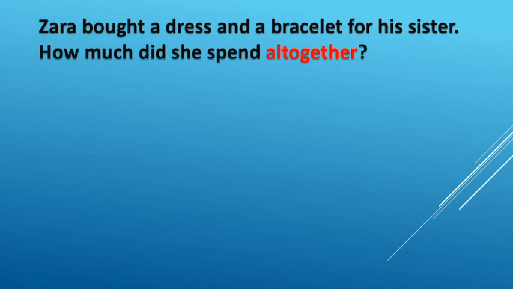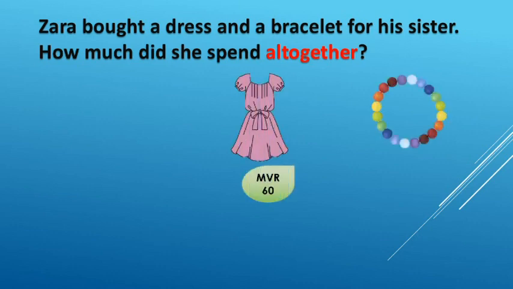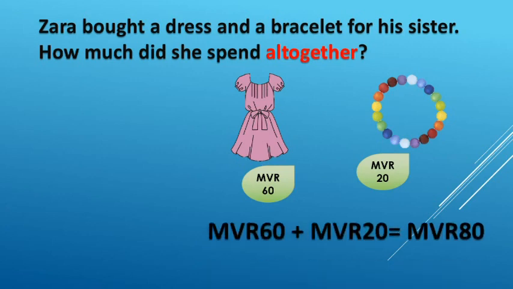Zara bought a dress and a bracelet for her sister. How much did she spend altogether? The amount of the dress is 60 and the bracelet is 20 rupiah. So you have to add up 60 rupiah and 20 rupiah.